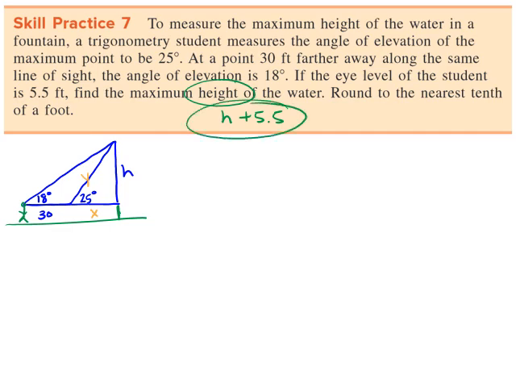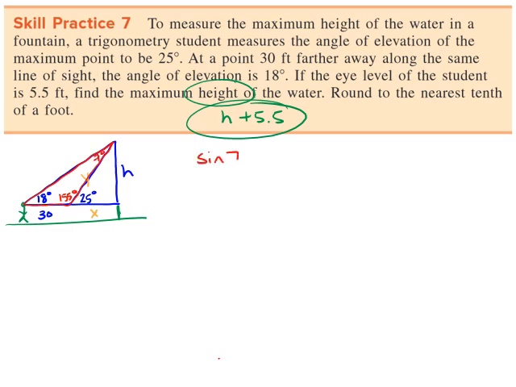Okay, so like the previous problem, I should find that this is 155 degrees because they're supplementary angles. In this leftmost triangle here, the sum of the angles needs to be 180, so this is 7 degrees.